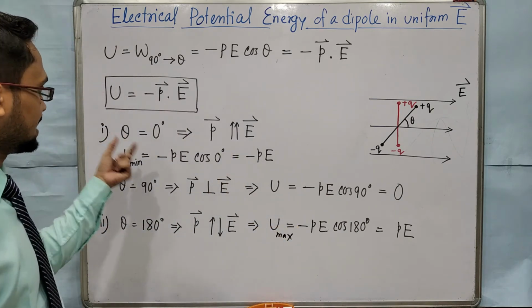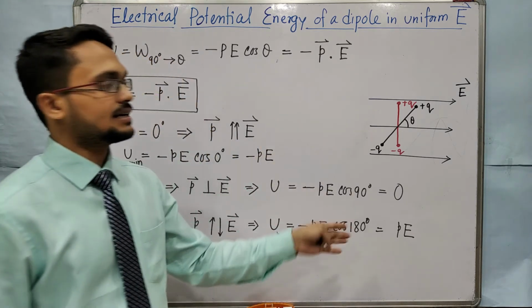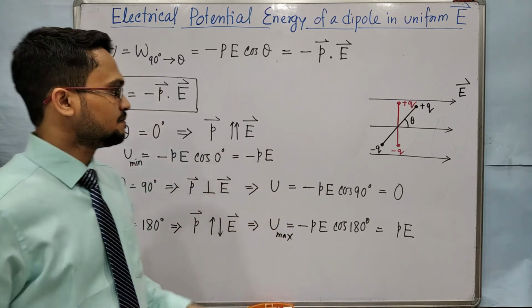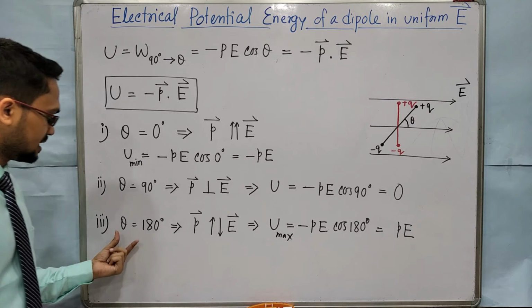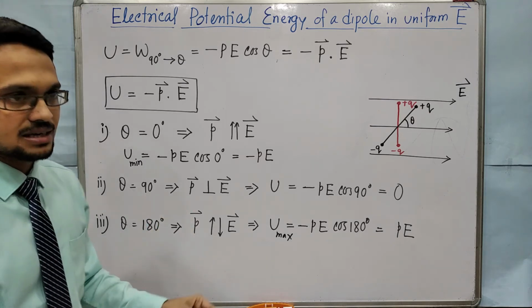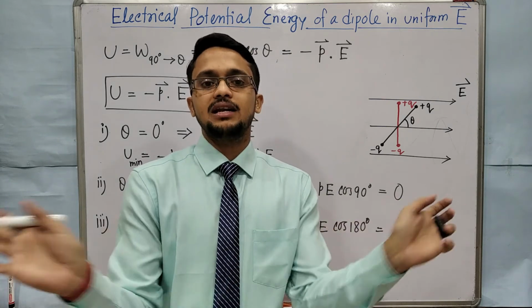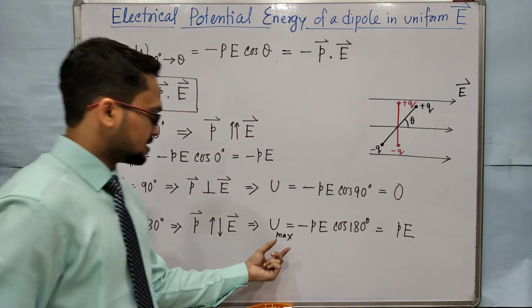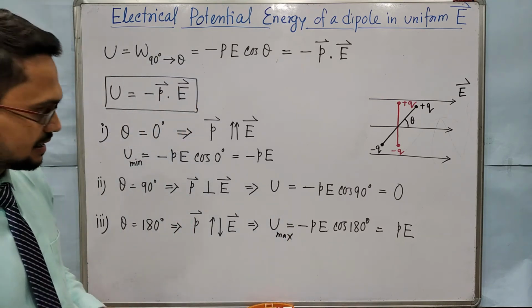So when theta equals 0, that means when dipole moment and electric field intensity are parallel to each other, that position is for minimum potential energy. And when theta equals 180, that means dipole moment and electric field are anti-parallel to each other, then that is the position for maximum potential energy. Understand?